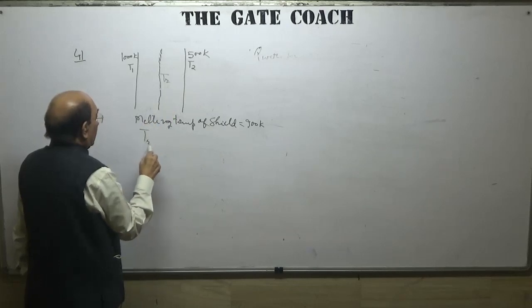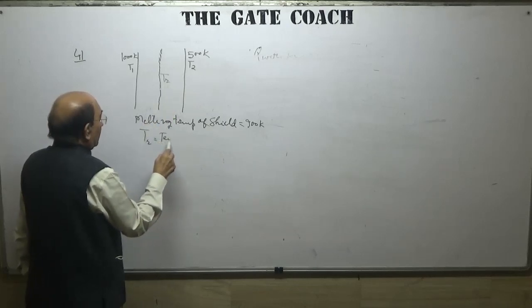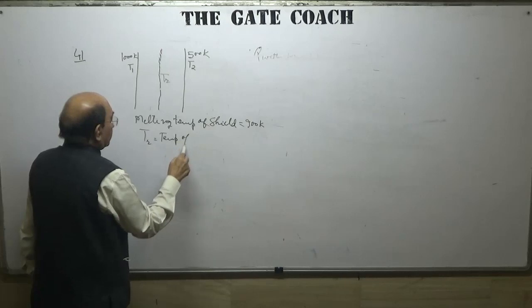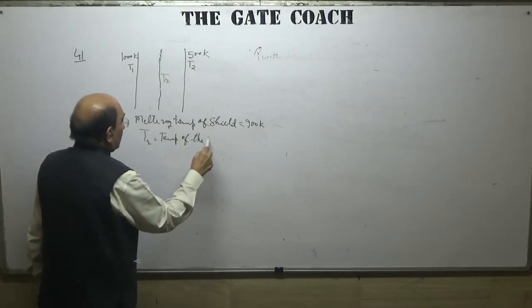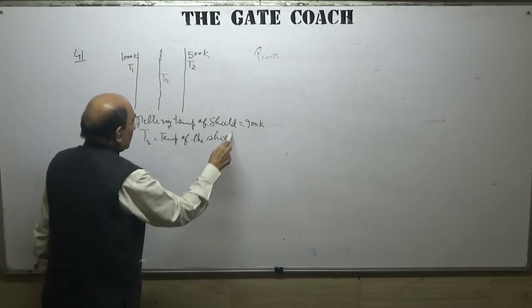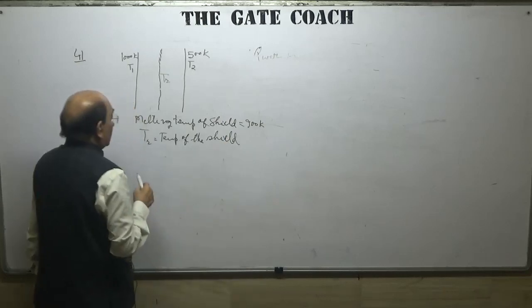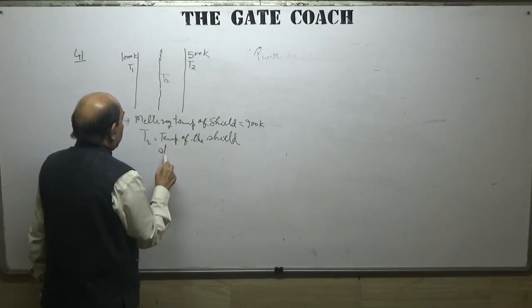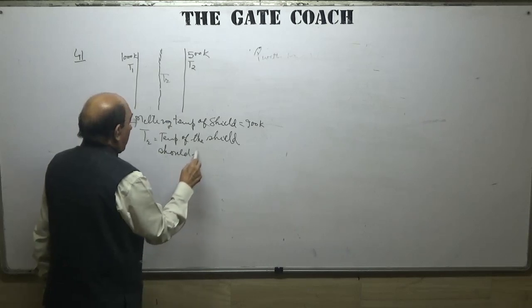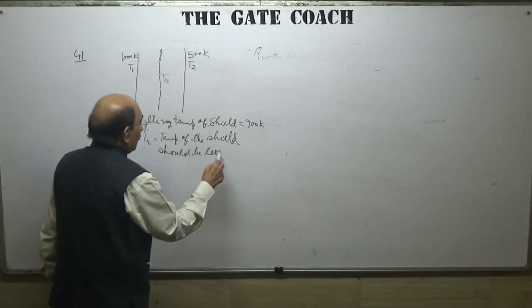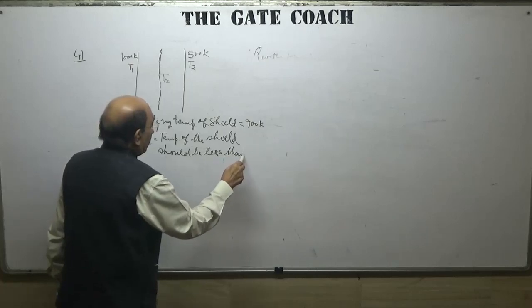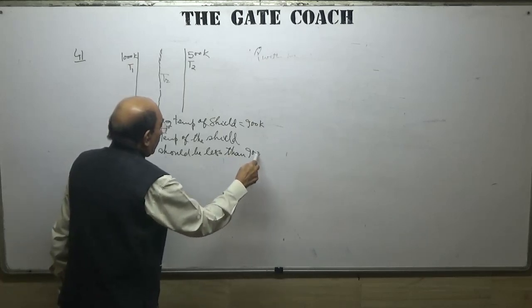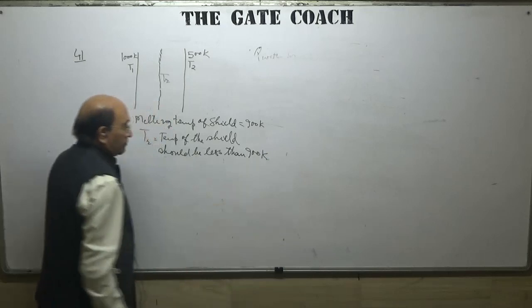If Tr is the temperature of the shield, and this should be less than 900 Kelvin.